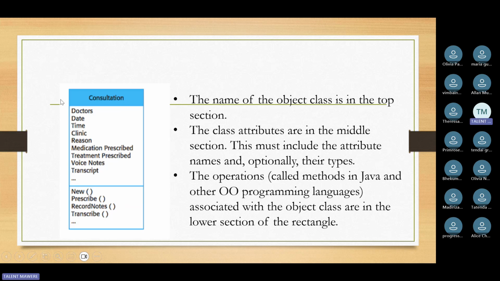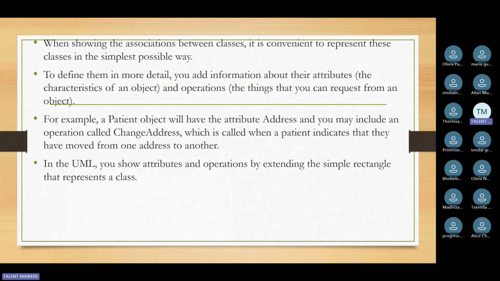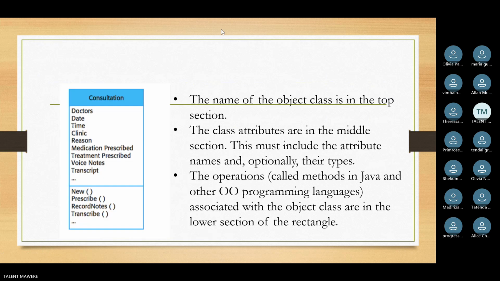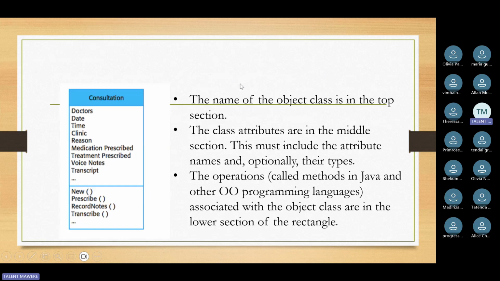Now, you then draw another class and show the relationship that exists between the different classes with the aid of a line. For example, instead of this simple consultation, which is quite shallow like this, you are then including your consultation class with all this information.